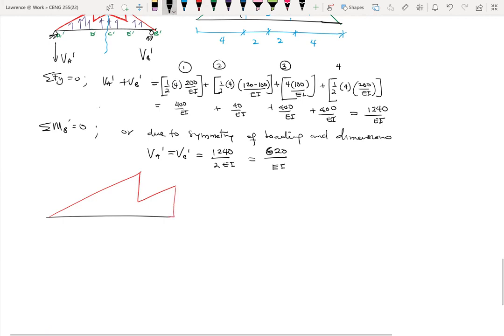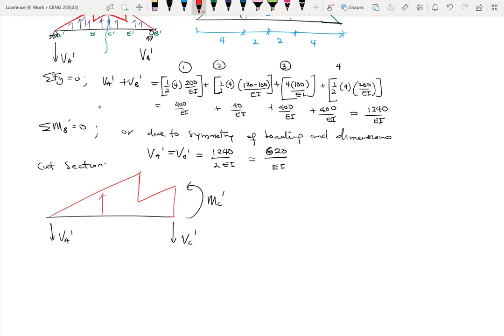So here I have my VA prime, and I'll have my VC prime, and then I need to find this moment MC prime. So this is a cut section. There'll also be the horizontal component of the reaction HC prime, but in this case it is 0. So now we have all of these.